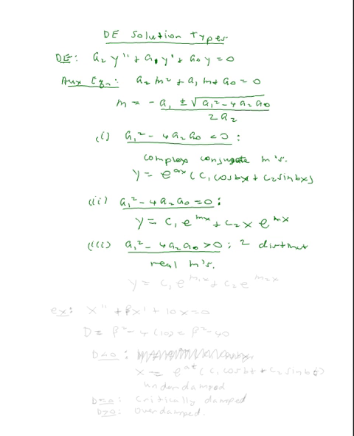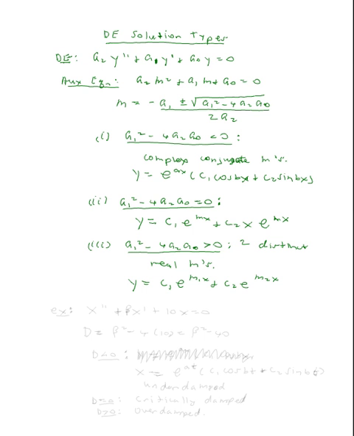And we know that when that happens, the general form of the solution is c1 e to the m1x plus c2 e to the m2x, where m1 and m2 are distinct real roots of the auxiliary equation. So all we have to do is analyze the discriminant of the auxiliary equation, and that tells us the type of solution that we get to the original differential equation.